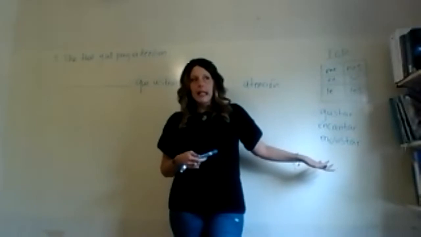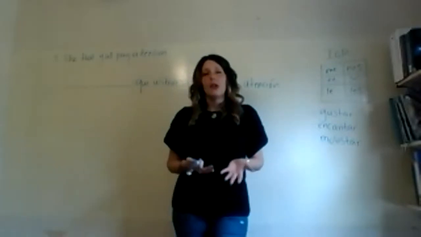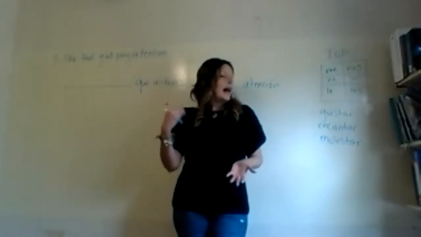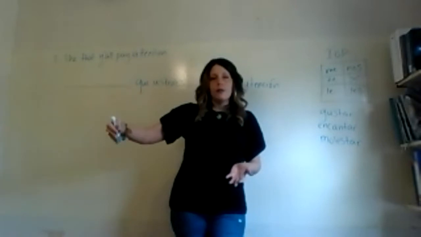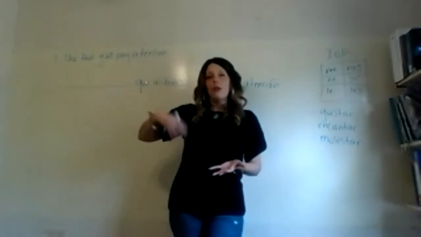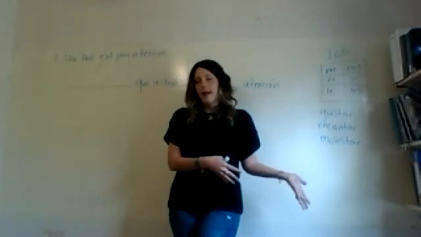Basically, we're going to be using these in the present tense in the front half of the sentence, and they will be in the third person singular conjugation, because it's going to be: I like that something happens, or you love that something happens, or it bothers her that something happens.